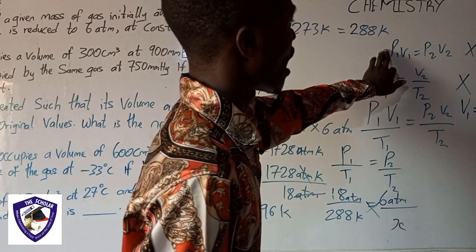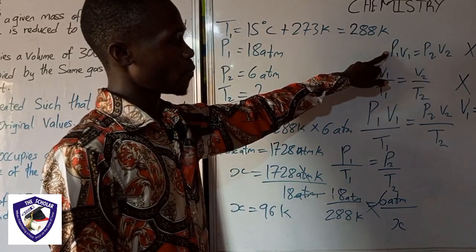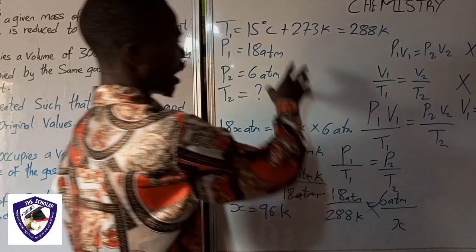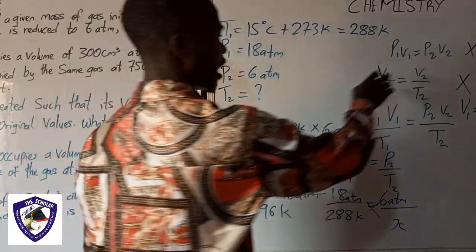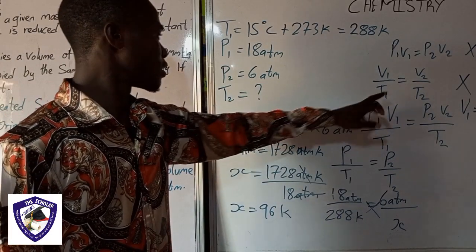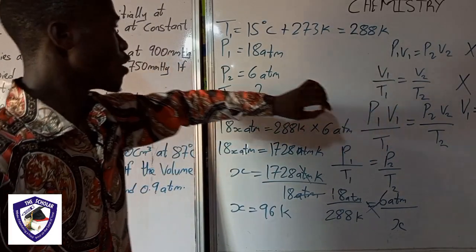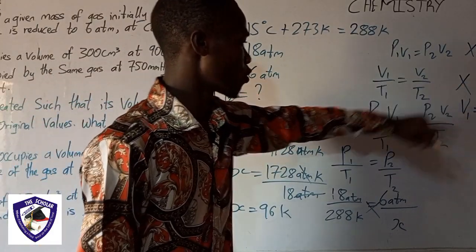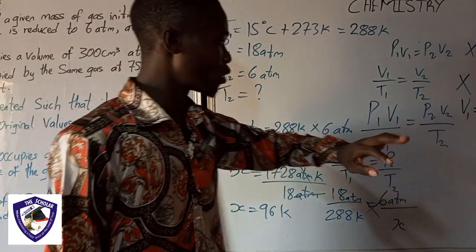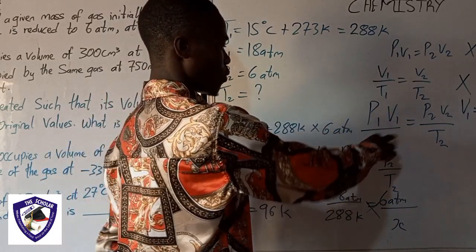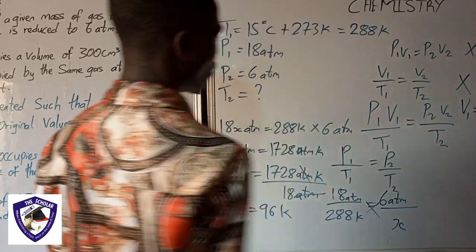Now, we decided to check if we can use Boyle's law, and found out that Boyle's law does not have temperature, and from the question we have temperature. For Charles' law, V1 over T1, we have the volume and the temperature, while from the question we have pressure and temperature. So Charles' law was also ruled out, and the general gas equation, which comprises Boyle's law and Charles' law, is P1 V1 over T1 equal to P2 V2 over T2.